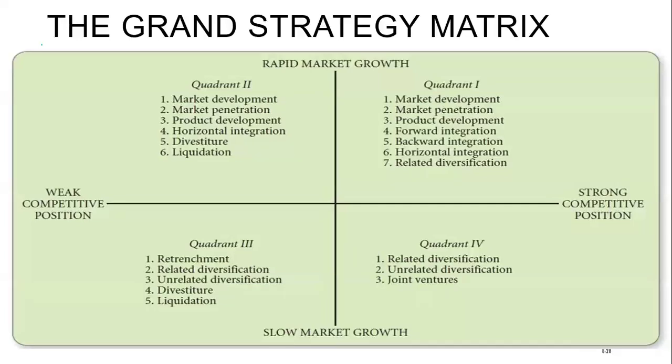So the market growth rate is on the y-axis, whilst the competitive position is on the x-axis. And depending on the score you are getting and the quadrant where you are falling, the quadrant will also suggest the suitable strategy to pursue.